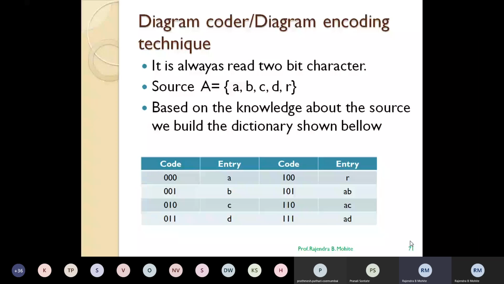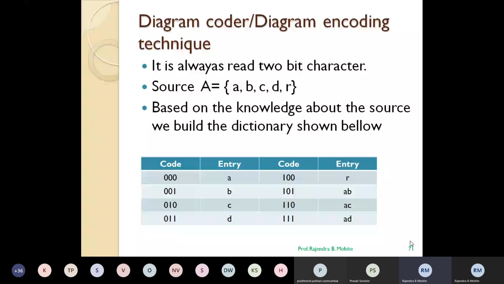Suppose we consider an already given dictionary; but if it is not given, then how can you implement it? Keep in mind, first of all you rearrange those alphabets in alphabetical order. So source A represents A, B, C, D, R. These are the 5 alphabets.